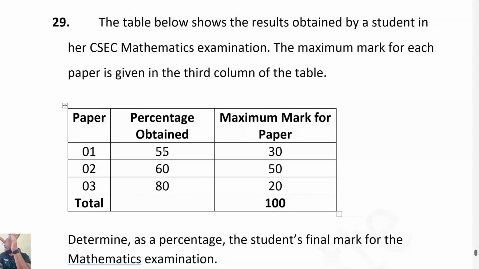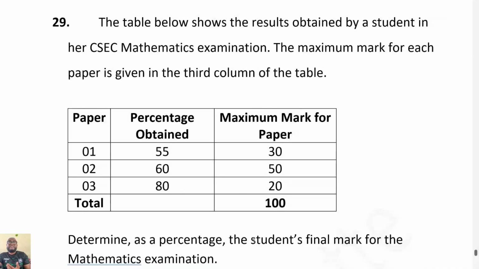This is the percentage each person gets. So this person gets 55% in paper 1. So it will be 55 over 100 multiplied by 30, which will tell me how much the student got in paper 1. You all see that? Paper 2, 60 over 100 multiplied by 50 will tell me how much he got in paper 2. In paper 3, he got 80 over 100 multiplied by 20, right?